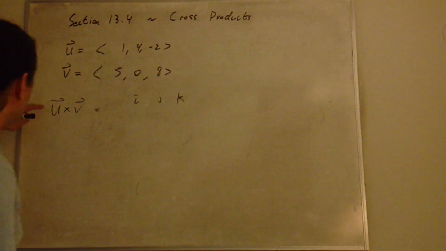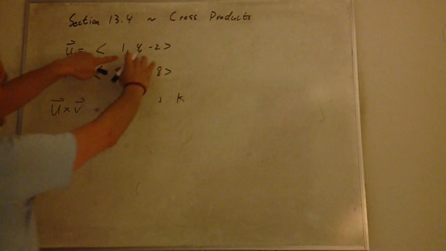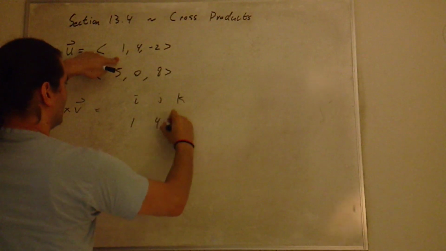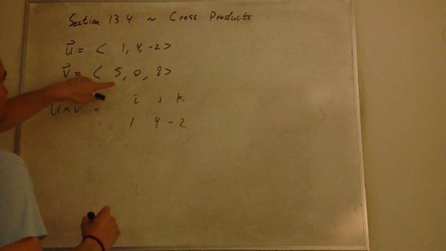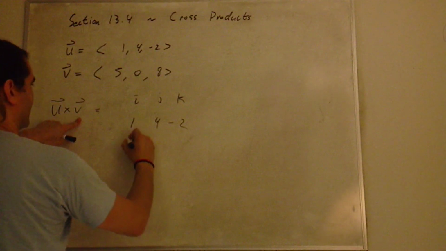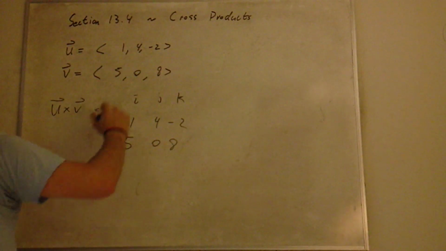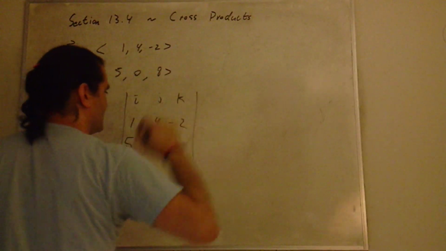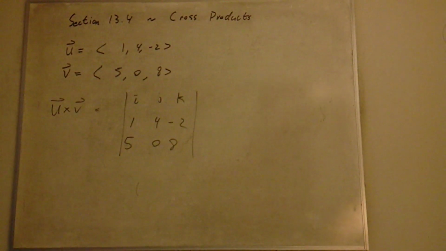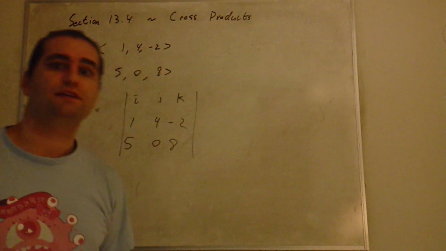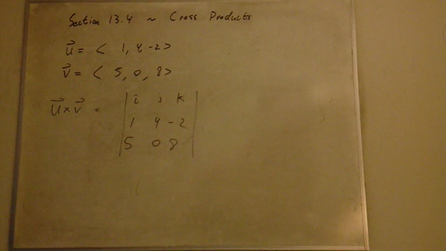The second row of the matrix is always the vector u. And the third row of the matrix is always the second vector here. The cross product of u times v is the determinant of this matrix. Determinant is something that we haven't talked about before.